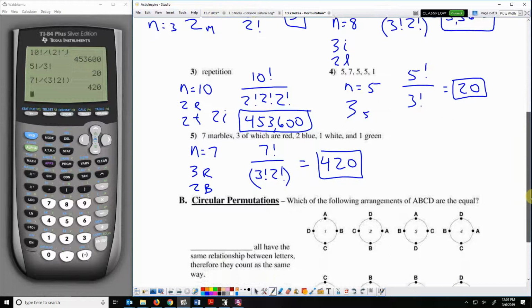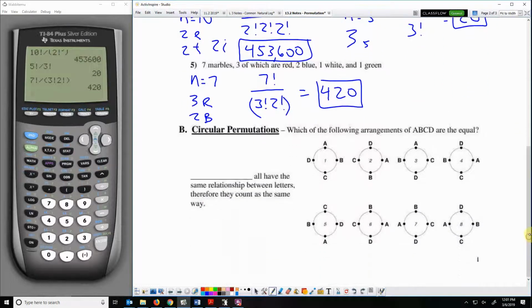All right, so all of the permutations we've done so far, the ones today with repetitions and others that didn't have repetitions, have been linear. Now we're going to talk about circular permutations. When things are arranged around something, that is a circular permutation. Here's just some visual examples of circular permutations of A, B, C, and D. But some of them are actually equal to each other.